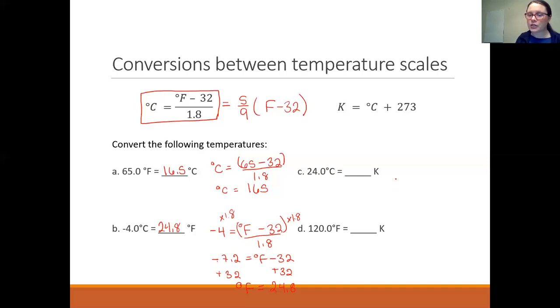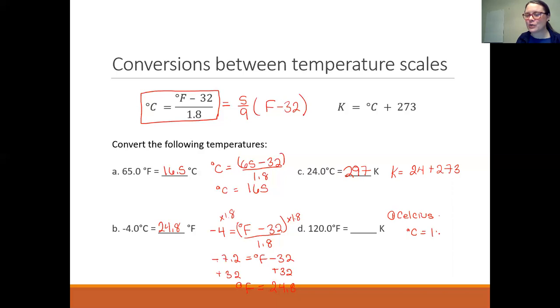Moving on to the next question, we have 24 degrees Celsius equals how many kelvins? So let's take our formula. Kelvins is just equal to the degrees Celsius plus 273. So 24 plus 273 leaves us with 297 kelvins. If I wanted to go from Fahrenheit to kelvins, first I have to go to Celsius. Okay, so to get to Celsius, we're going to take our formula.